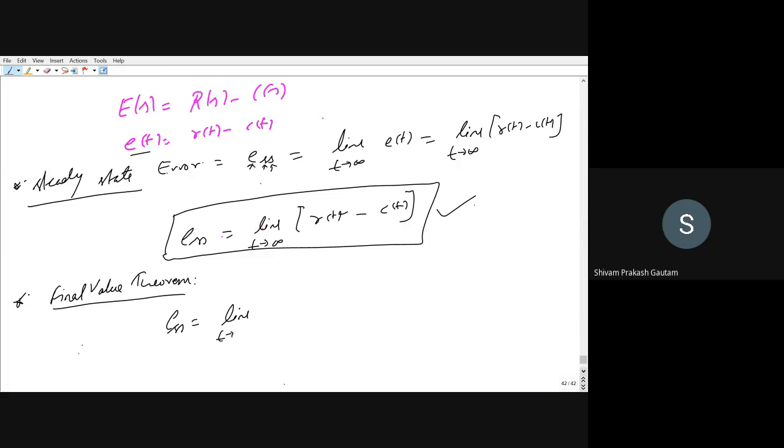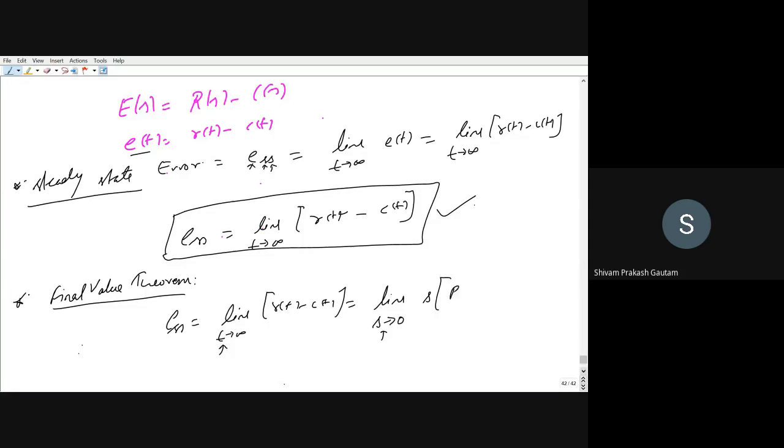Limit t tends to infinity of r(t) minus c(t) will be equal to limit s tends to 0. If t is tending to infinity, s will tend to 0, because this is frequency domain. Time is inversely proportional to frequency. If time is infinite, frequency will be 0. If frequency is infinite, time will be 0. Therefore, s is tending to 0.